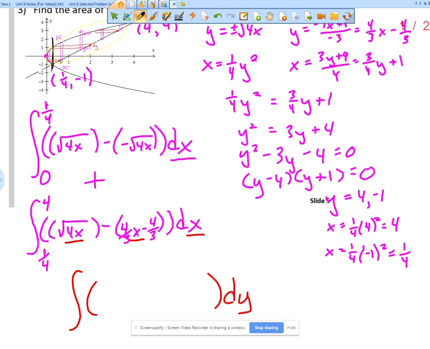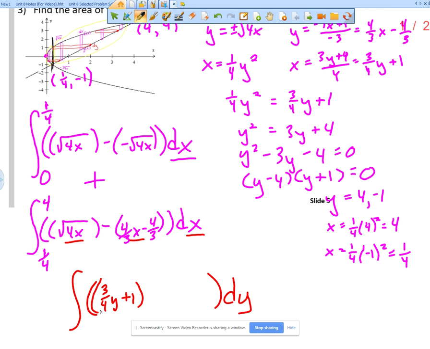Now, when we think about the upper boundary, like the f of x minus g of x, now we want to think, if I tilt my head to the side, what is the upper boundary of the dy? Well, it's the line. But remember, it's not the y equals 4/3 x minus 4/3 version. It's actually the x equals 3/4 y plus 1 version.